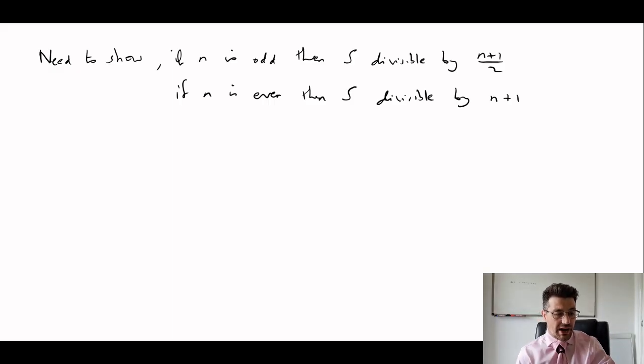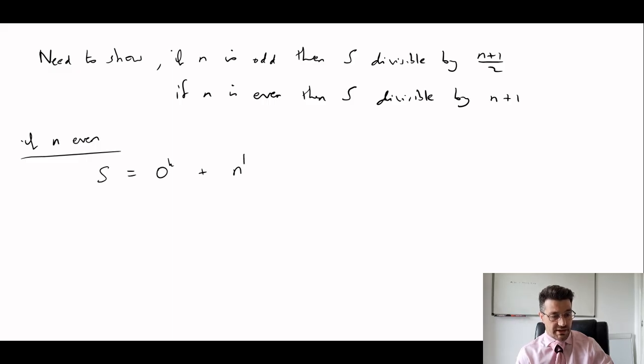Okay, so how did this push me in the right direction? Well, let's have a look then. So I actually started with if n is even. Then, if you remember last time, I wrote s equals 0 to the power of k plus n to the power of k, 1 to the power of k plus n minus 1 to the power of k, and so on and so forth.